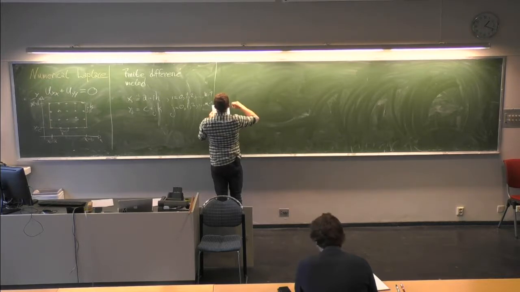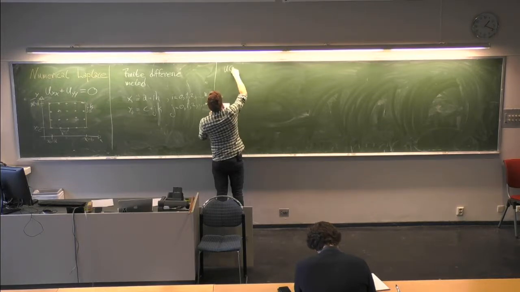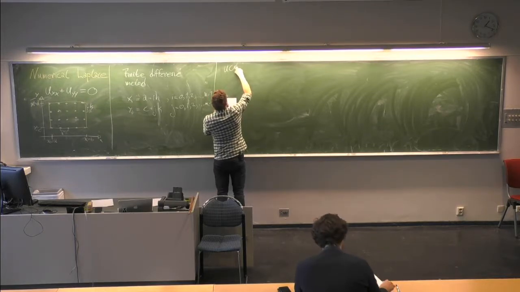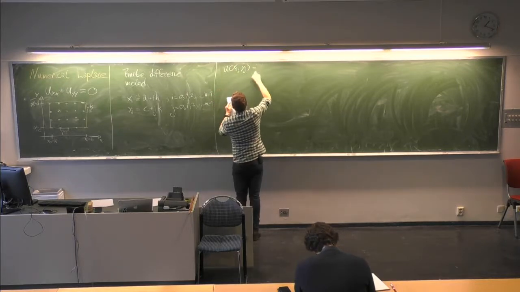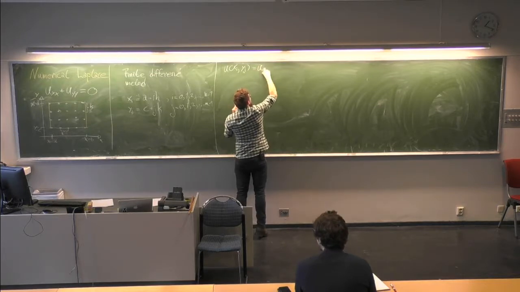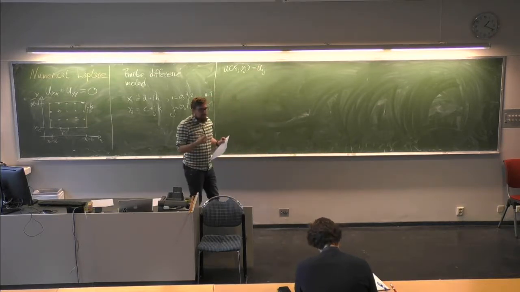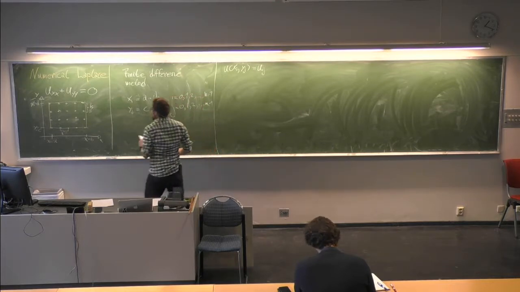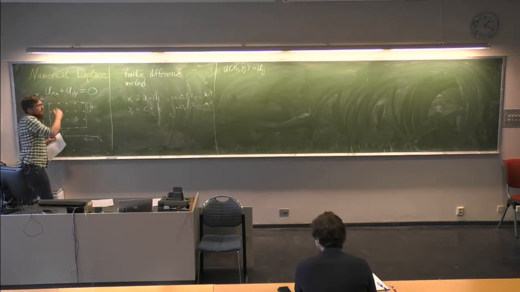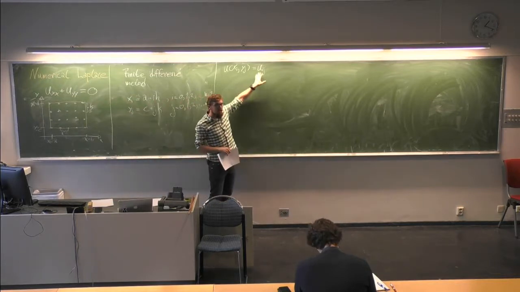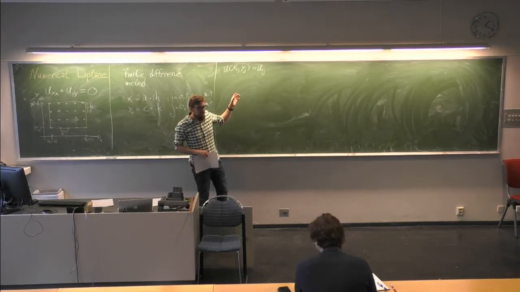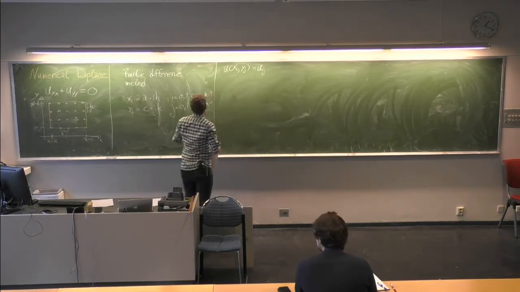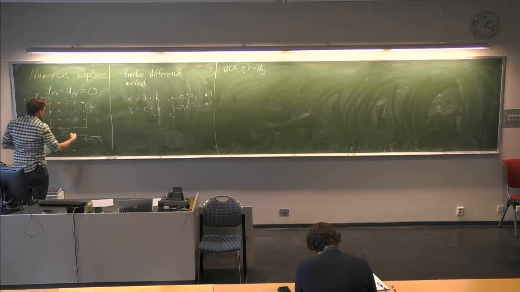And then I will use u of xi, yj. I would write this as u_ij. So there can be a bit of confusion because I also have u_xx here, but here I have ij. You're supposed to figure out what it is from context, I'm afraid. So this is the value of u at some point ij.